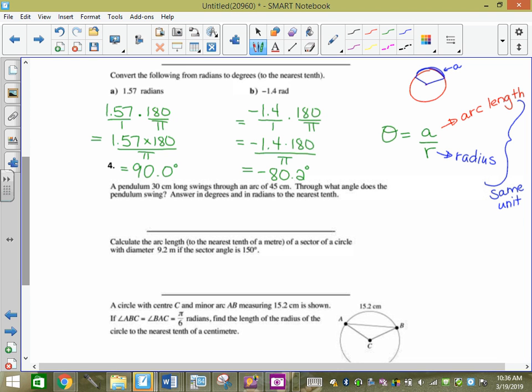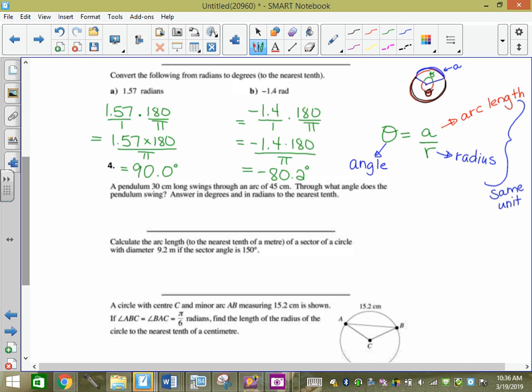So if one's in meters, the other one has to be in meters. If one's in centimeters, the other one has to be in centimeters. This is your angle, and this is the key error that people make. This is your angle, so the angle in the middle. It could be this angle here, this theta, or it could be this angle. If it was this angle, the arc I would be looking at would be this arc, the arc that corresponds to the angle.